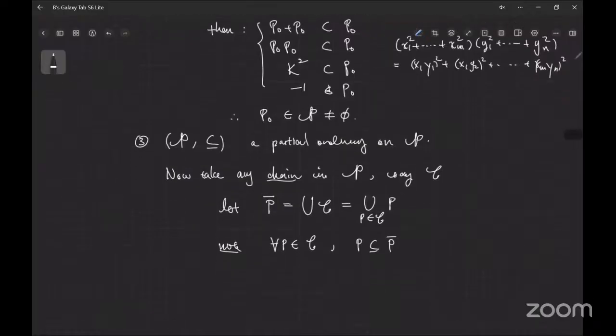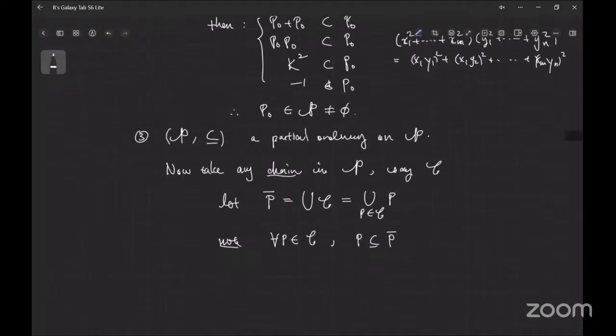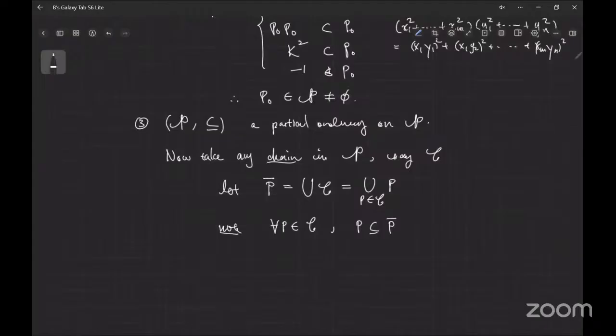So this is the upper bound. And well, it's only an upper bound if this is actually in P. So let's see if it's in P.